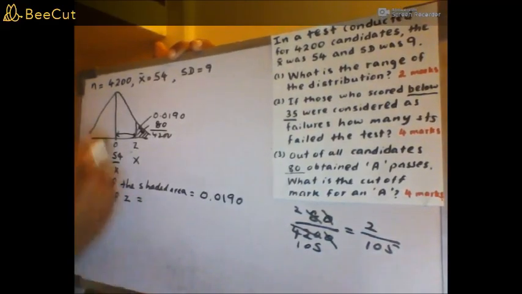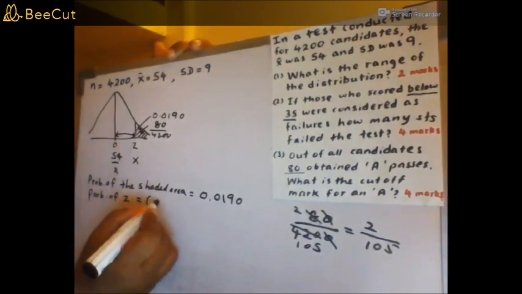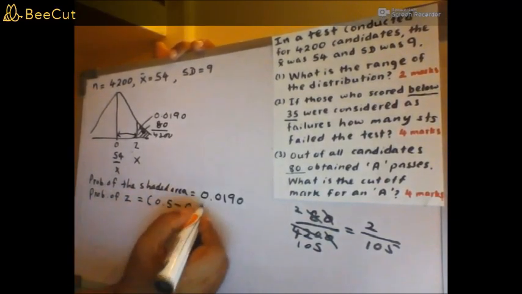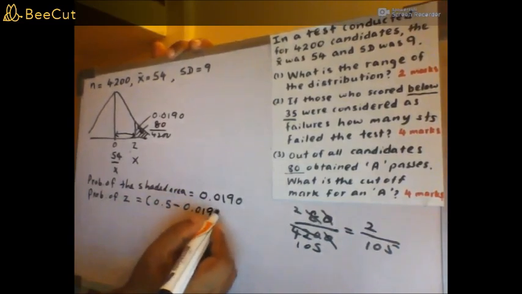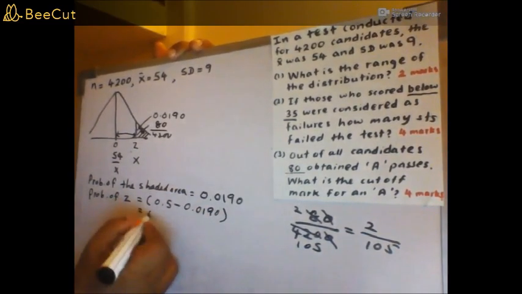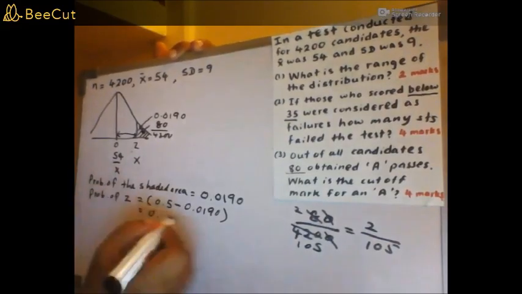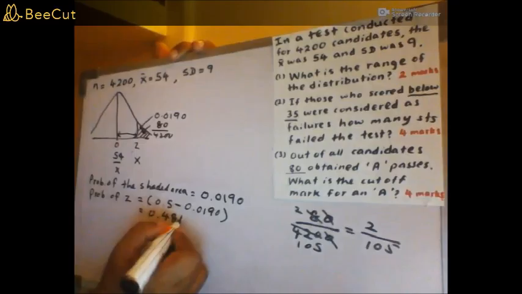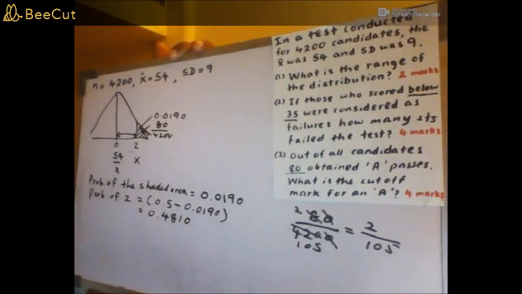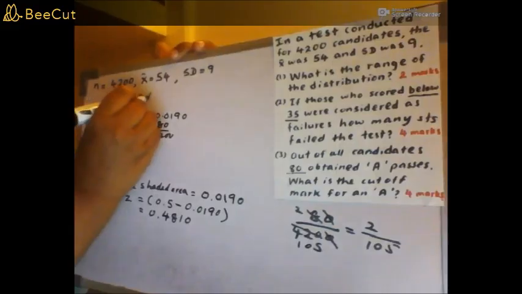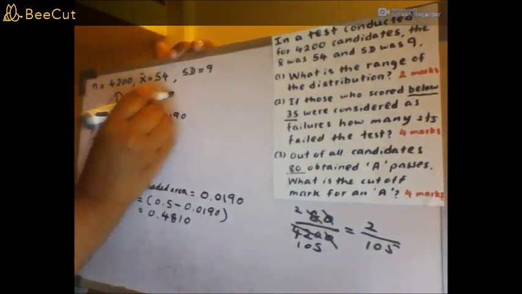What's the probability of z? 0.5 minus 0.0190. Here the answer is 0.4810. Right? So this one is 0.4810.